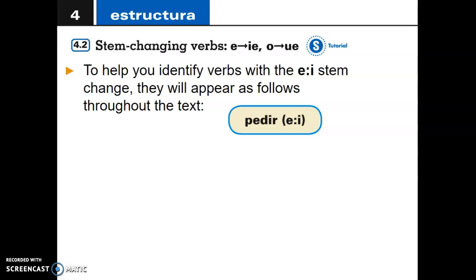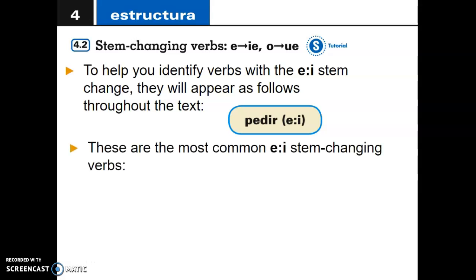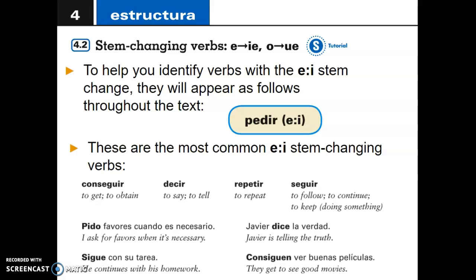Pedir, E to I. If there's any other ones, it'll be whatever the verb is, same thing in parentheses. You'll see that throughout your Spanish career. So these are the most common E to I stem changing verbs that you'll come into: conseguir, decir, repetir, and seguir. Okay?